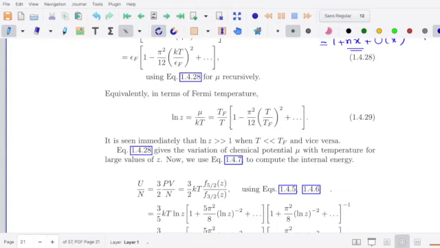From this we can immediately see that logarithm of z is going to be much greater than 1, provided T is much less than Tf. So large values of z correspond to temperatures much below Tf, the Fermi temperature.